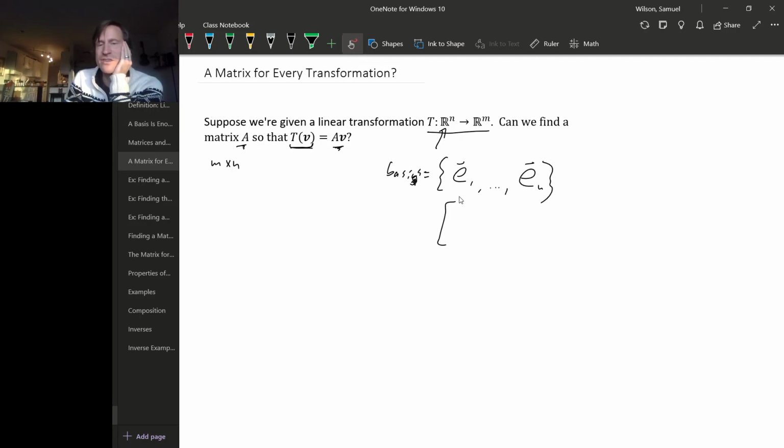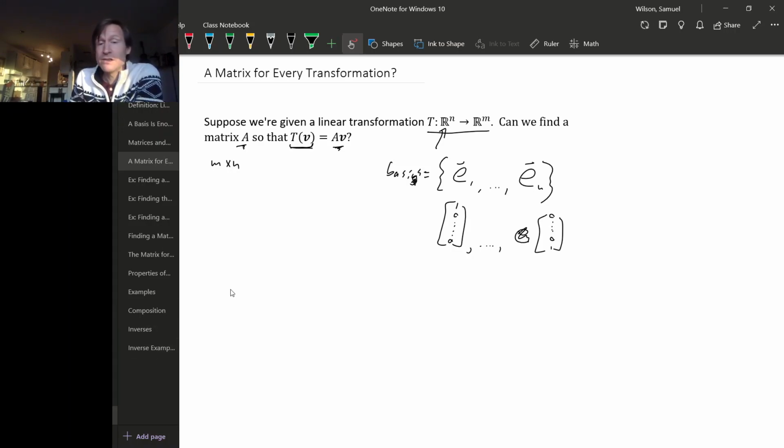These are just the vectors that have a 0 everywhere except in one spot. So E1 has a 1 in the first spot, E2 has a 1 in the second spot, E3 has a 1 in the third spot, and so on, and En has a 1 in the last spot. There are n of these vectors, and they're obviously linearly independent, so these do form a basis for Rn.